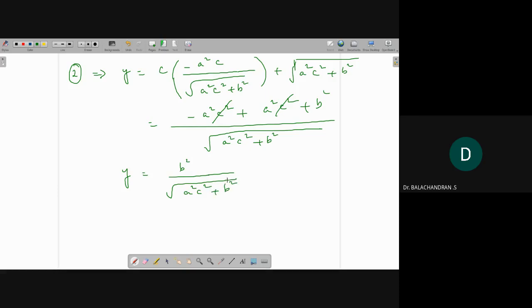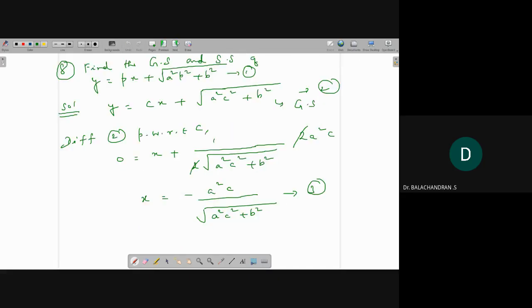Now if you look at x and y, we'll get an idea. So y by b equal to b by root of a square c square plus b square. I call this equation 4.